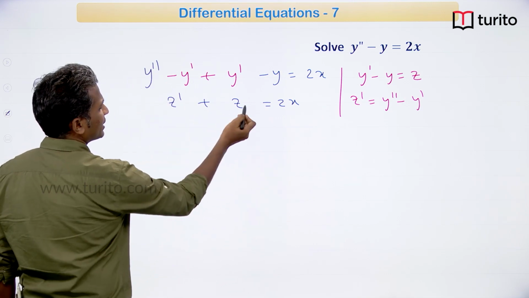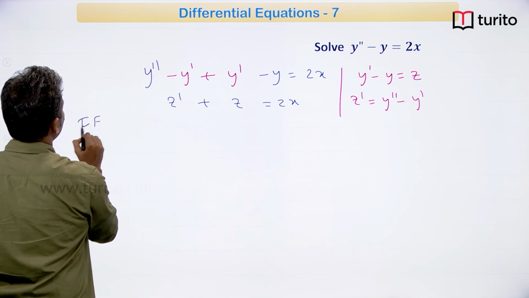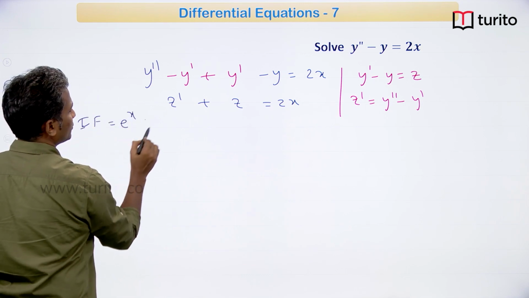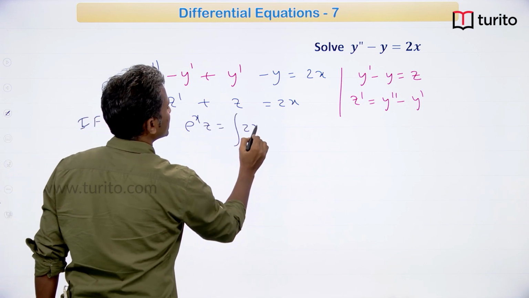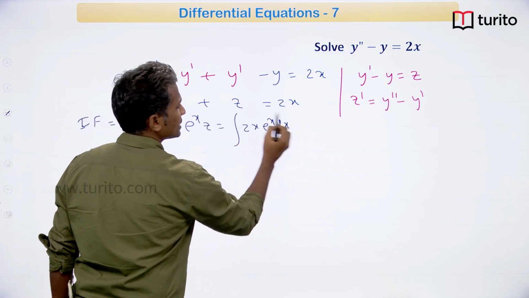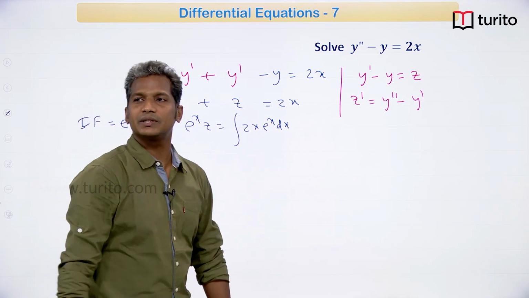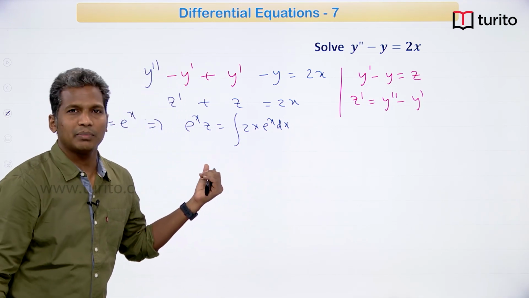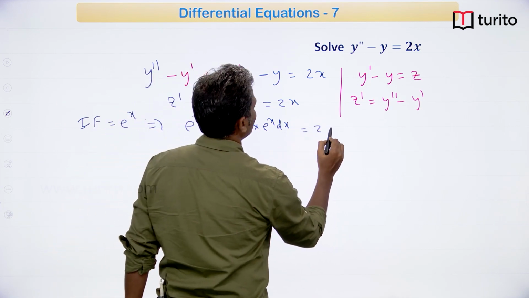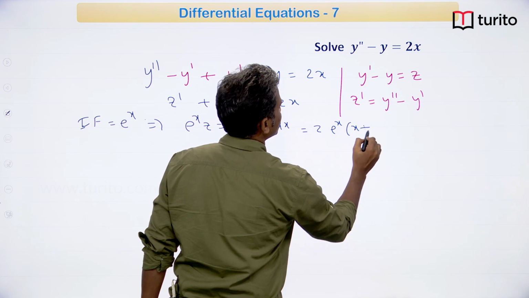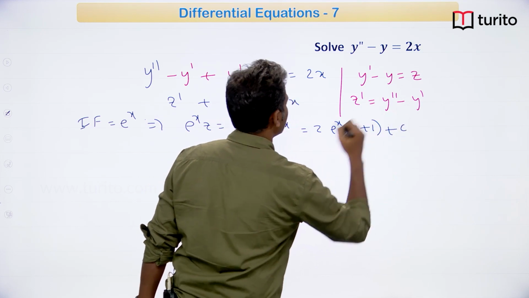The integrating factor here is e raised to x. You know how to get this. So, e raised to x into z equal to the integral of 2x into e raised to x dx. You know the integral of this, which is by integration by parts. That will come out to be 2 into e raised to x into x plus 1 plus some constant c.